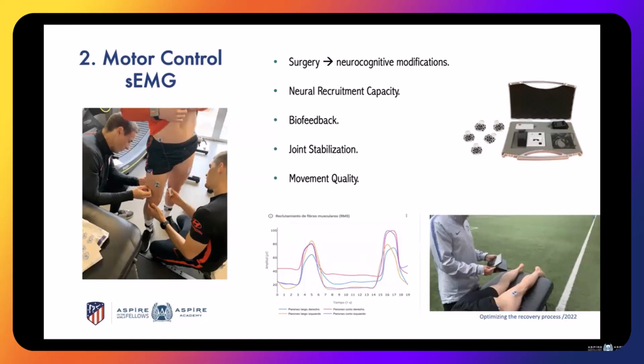And sometimes we even use it for training as biofeedback. In terms of motor control, we also analyze the time to stabilization. So as you can see, our testing is very progressive, so it can go alongside the rehab process.